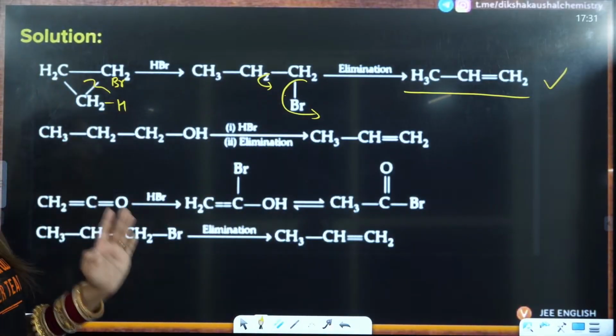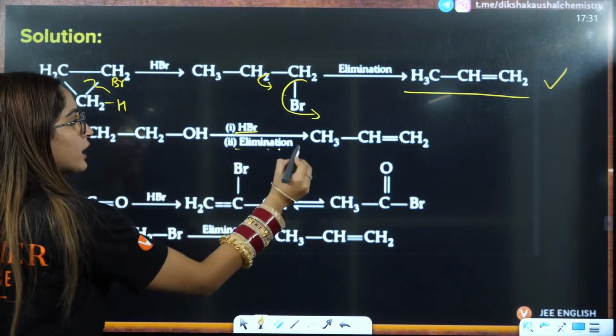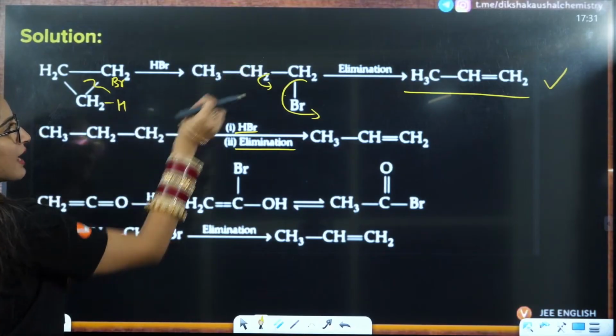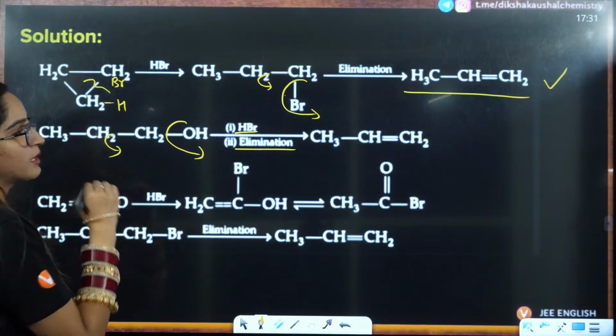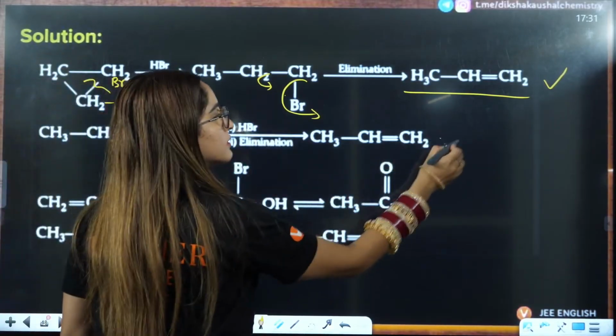Next, if you have alcohol, when you add HBr and then do the elimination, Br will be present here. After that, again Br will be eliminated, H will be eliminated, and again you will have the formation of propene.